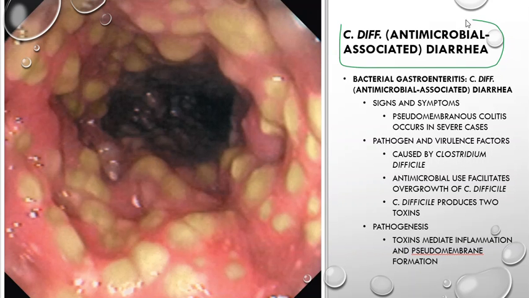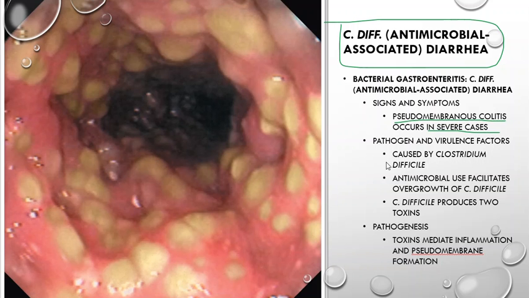Clostridium difficile. This guy is caused when I give my patients a broad spectrum antibiotic and it destroys the normal flora of the colon. These guys are allowed to overgrow and they cause this very nasty disease called pseudomembranous colitis.